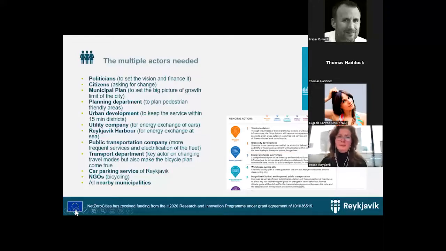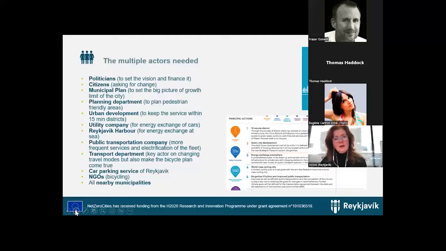And then we have the transport department in-house, which is a key actor on changing travel modes, and also pushes forward for a plan like the bicycle plan to come true, because they are dedicated to that kind of mobility as well.